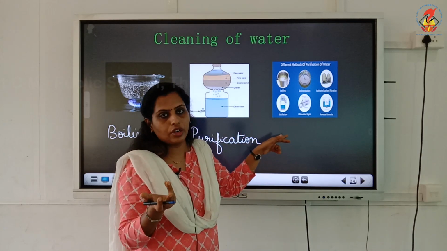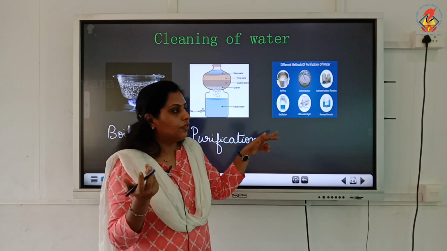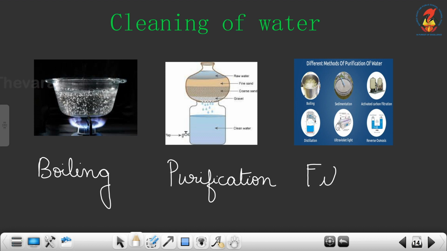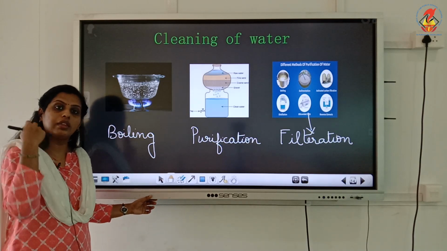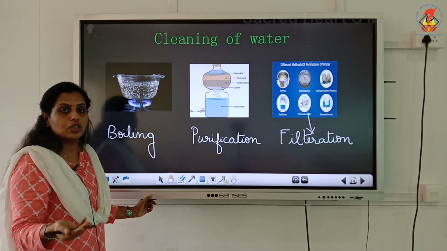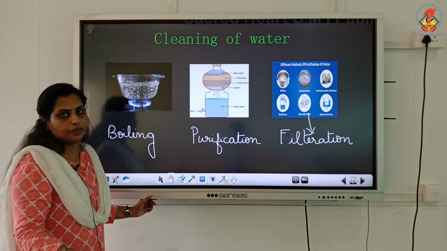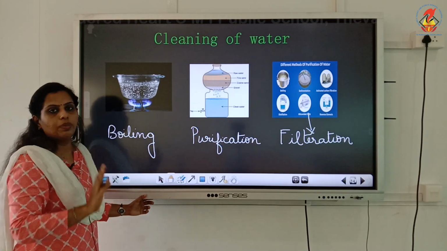Filtration is another kind of cleaning the water. So different kinds of methods are there to make impure water pure, so that it's good for drinking. And the most usual method that we follow is the boiling method.